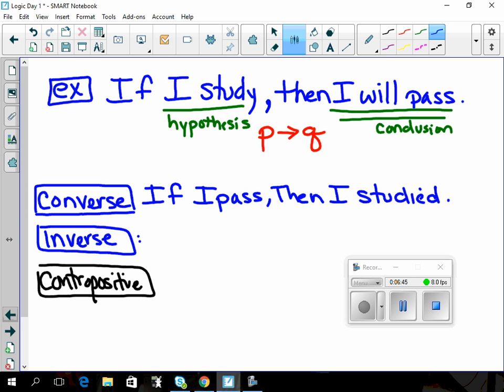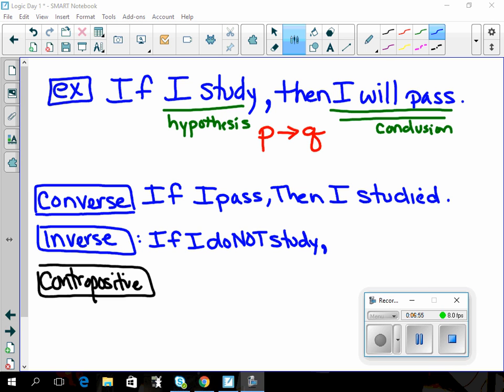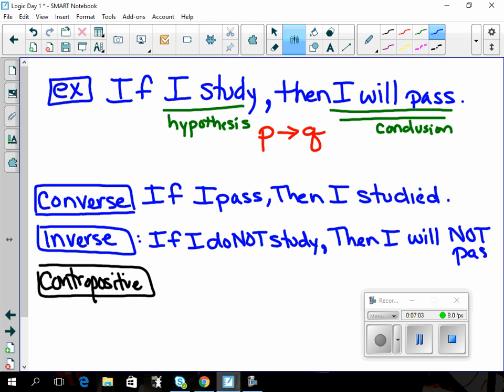So if I do not study, then I will not pass. Is that okay? The same order, we're just negating it.